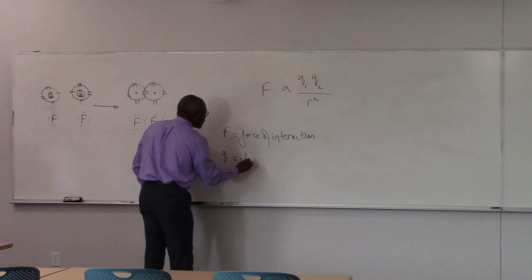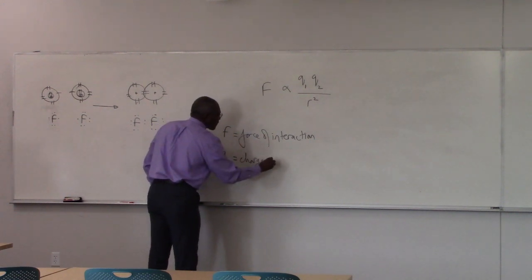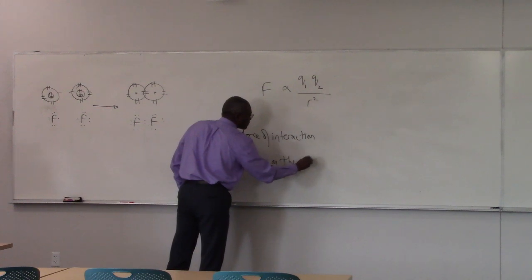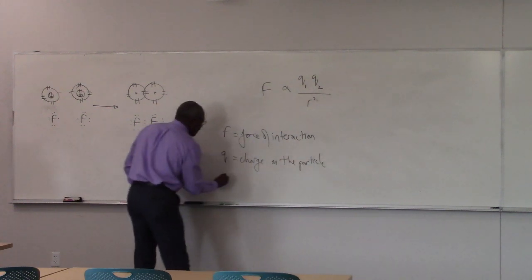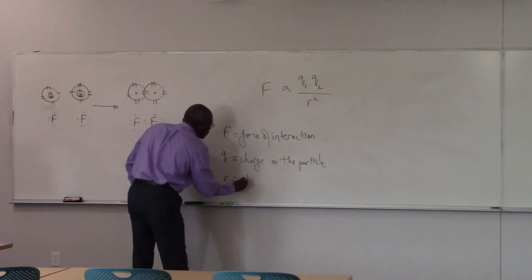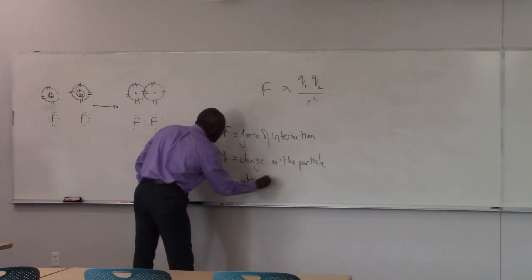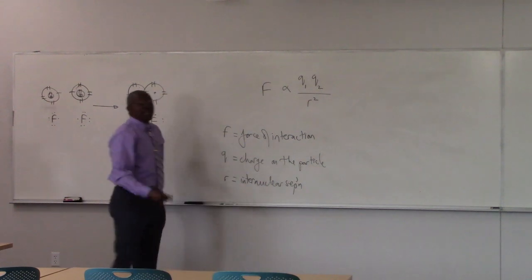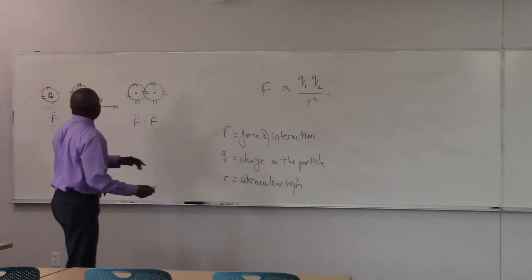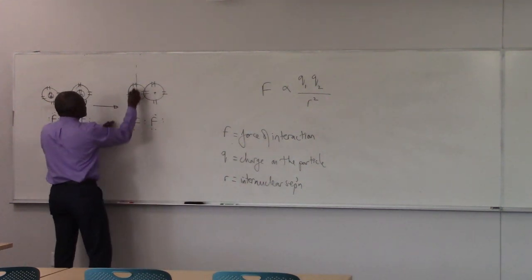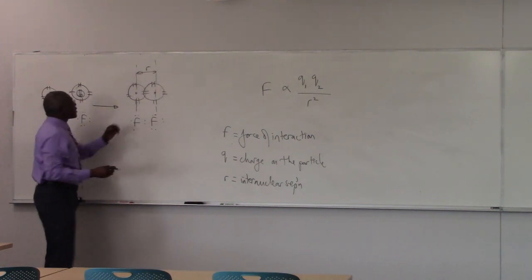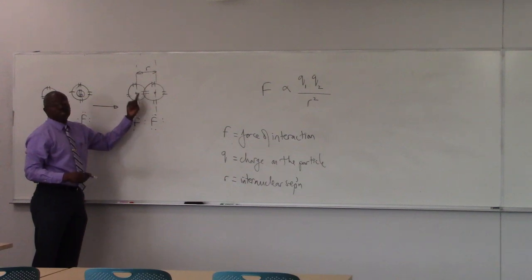Q would be the charges, the charge on the particle. And R is the internuclear separation. Literally the length of the bond, right? So my bond length is that distance. That's what I call R. R is the internuclear separation. That's the bond length.